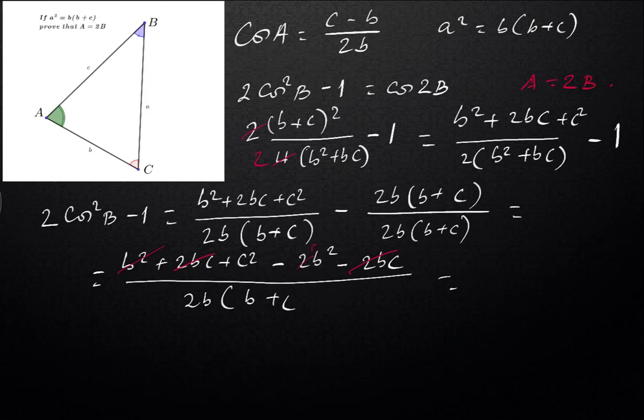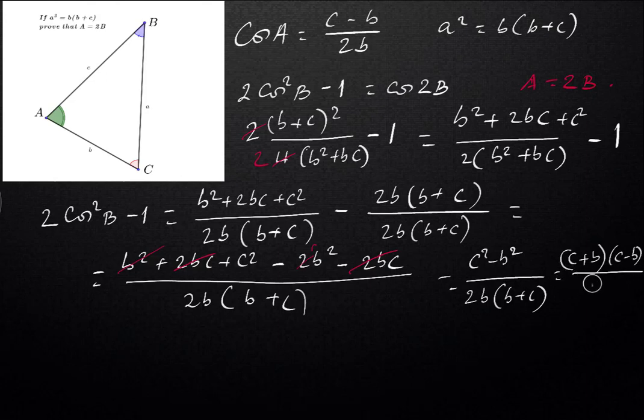And we get finally C squared minus B squared over 2B times B plus C, which is C plus B, factor in C minus B over 2B times B plus C, or C plus B.